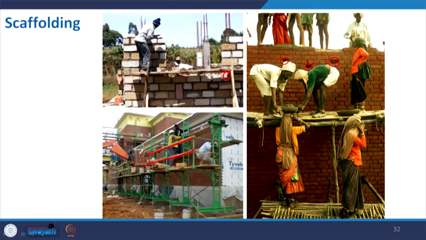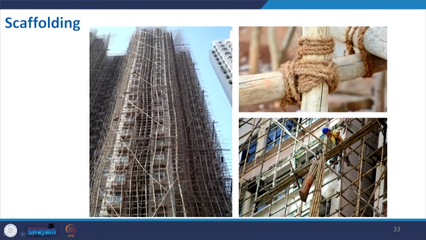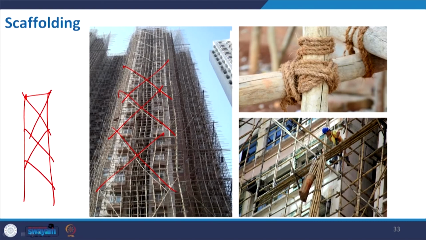So, this is another type of scaffolding here, and this is a very huge one. This is also made of bamboo, and you can easily see those bracing. In one of the buildings that I have shown, structural bracing is used to give lateral support, but now also for the temporary structure the concept is the same because of the huge vertical structure.